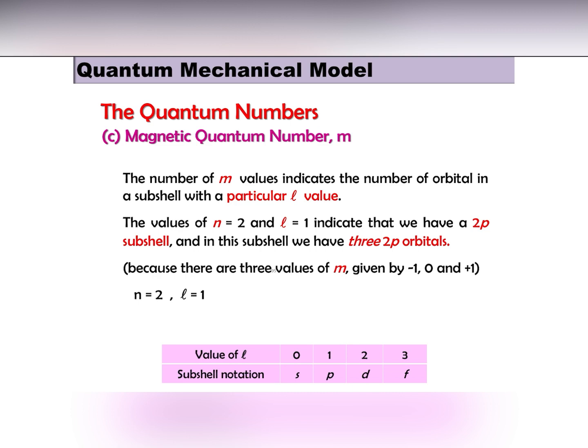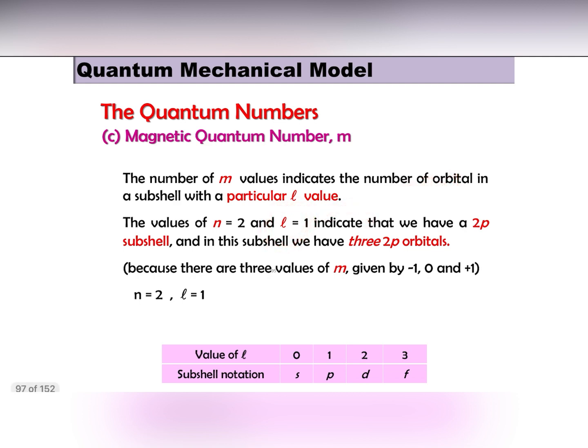So let's say lah kita ada value of N equals to 2. So the value of L given to you is equals to 1. So that means dia adalah energy levelnya adalah 2. And for the orbital shape, dia adalah p orbital.